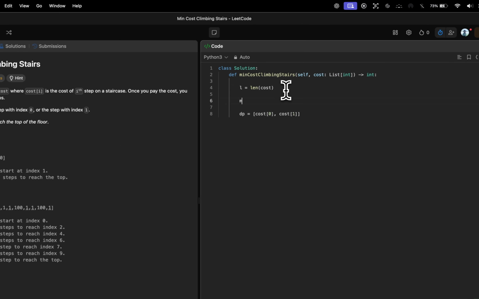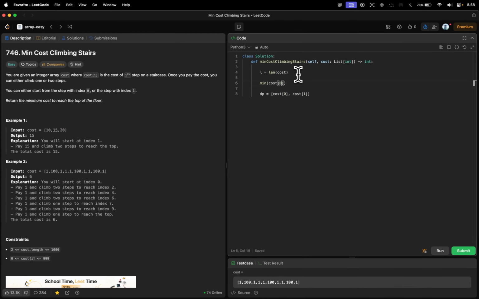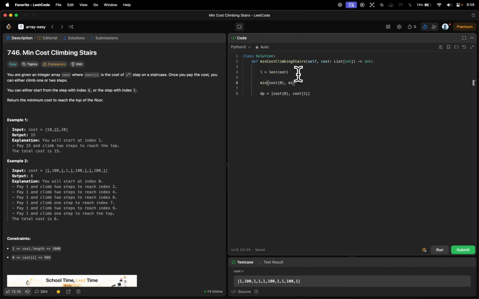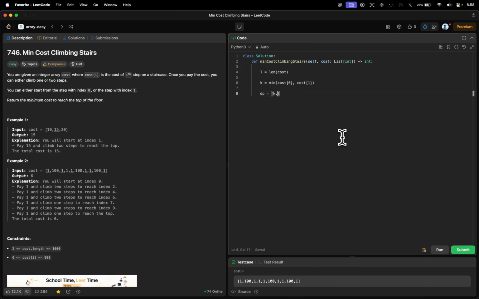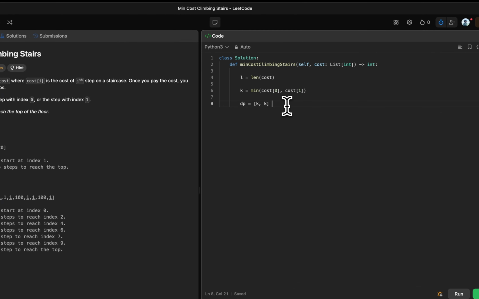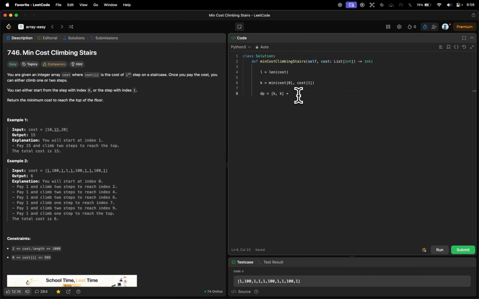Okay, wait. Minimum of cost 0 or minimum of cost 1. This will give me the initial values for these two, k comma k, and now let's add how many are left?